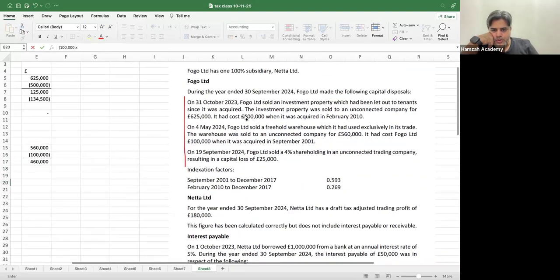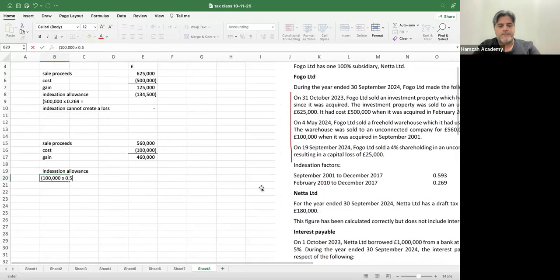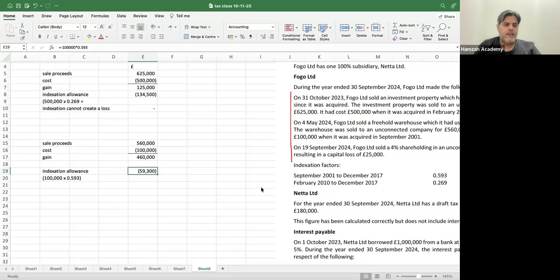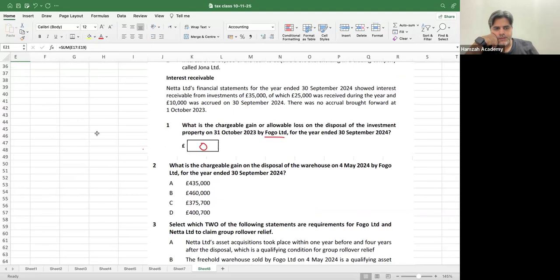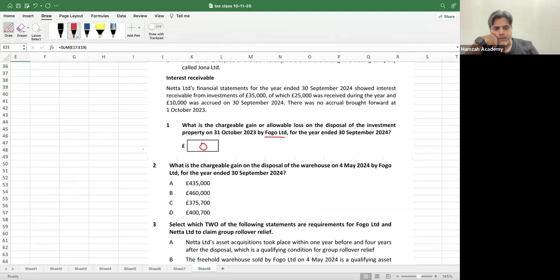The warehouse was acquired in September 2001, so 0.593. I have this at 59,300. So the gain to be recognized is going to be 400,700 over here as the answer. So 400,700 is going to be option D.